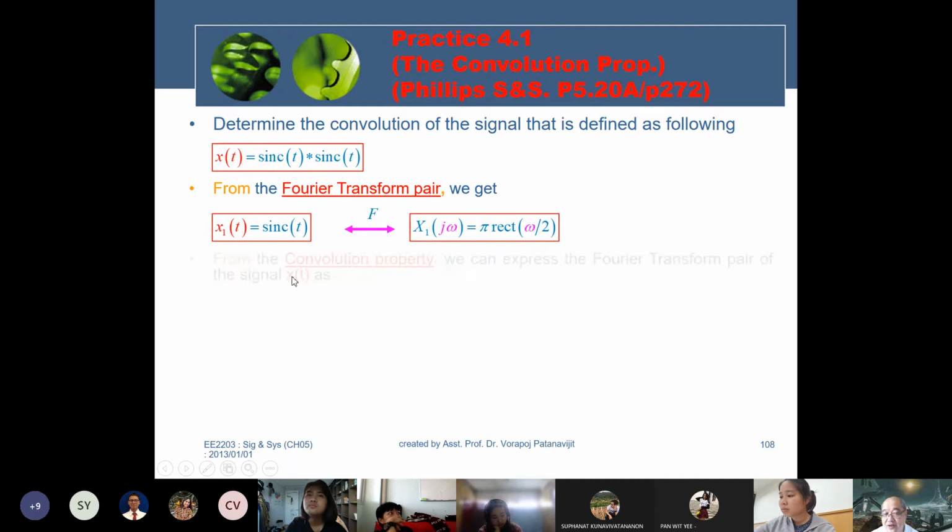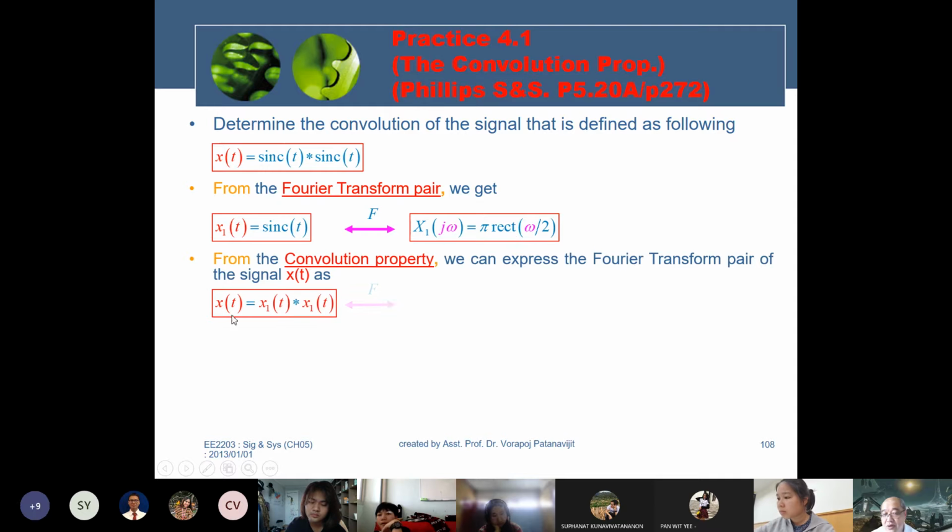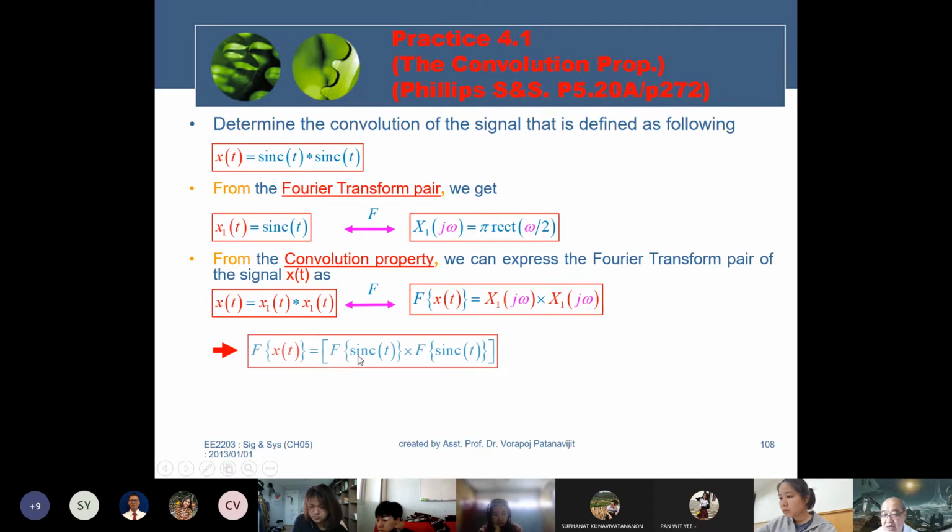Both functions are the same sinc, so two rectangles. Now the output equals the convolution between two sinc functions, or the Fourier transform of the multiplication of these signals: the simple multiplication between two rectangles.